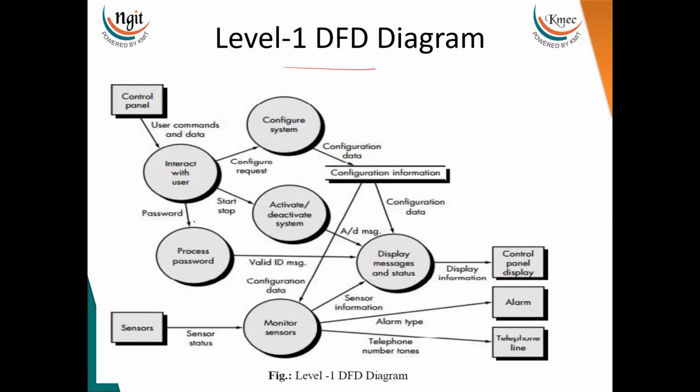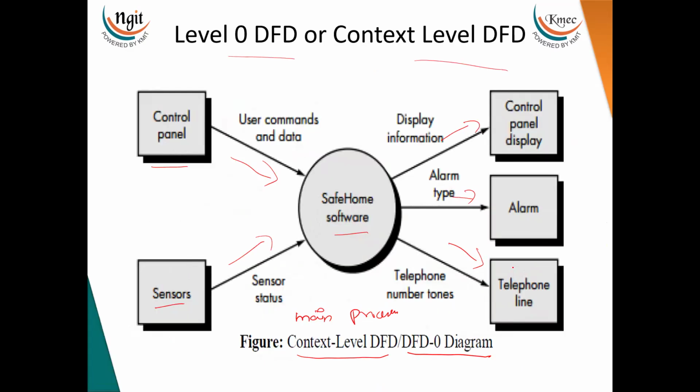There are various things: interact with the user, control panel, configuring the system, activating or deactivating the system, processing the password, display messages and status, monitoring the sensors, telephone line, alarm, control panel display. Further refinement has happened. This is the difference between level 0 and level 1.